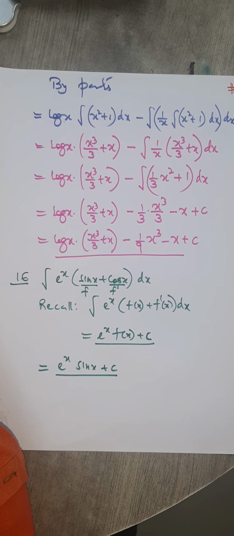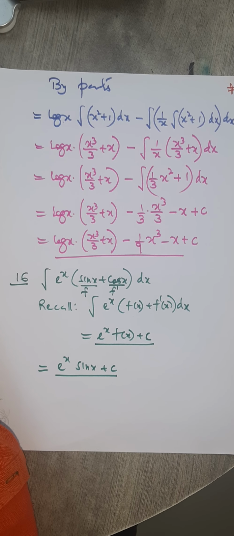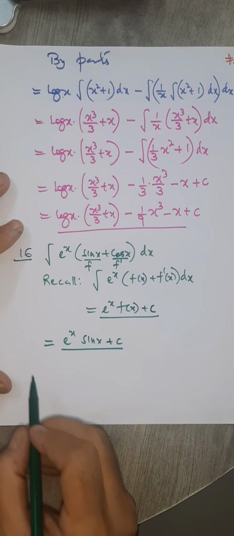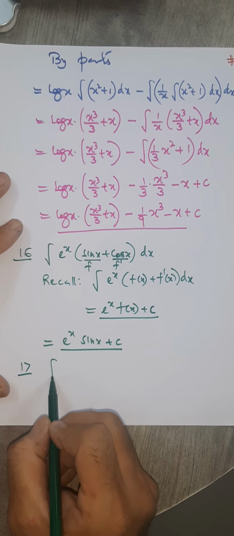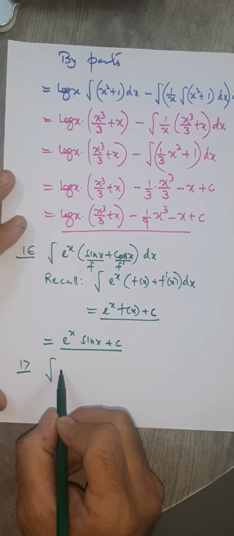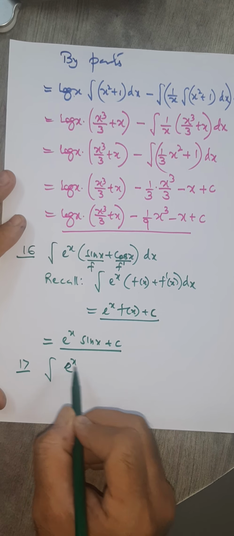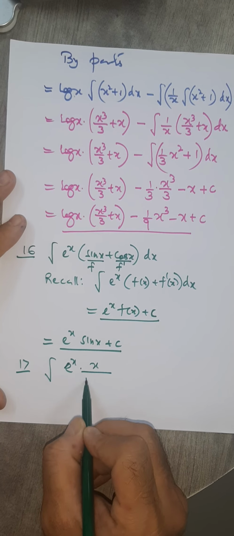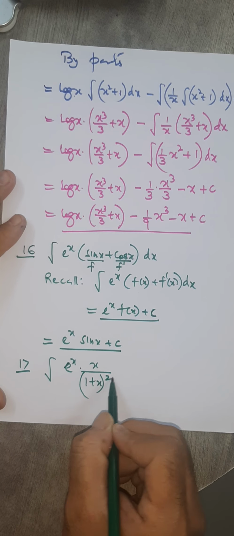Now next question, question number 17. In the 17th question, it's just based on this formula only. So let me just write question number 17 here. Integral of e raised to x into x upon 1 plus x the whole square.